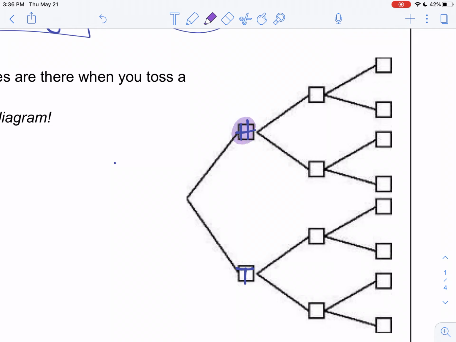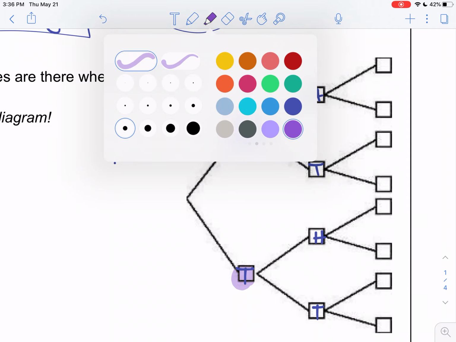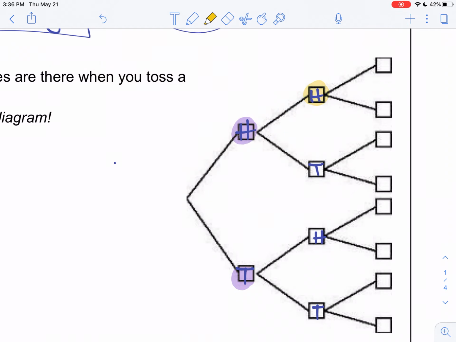Once we flip heads, the next time we flip the coin, we have the option of heads or tails. When we flip tails, for our second flip we could also get heads or tails. After our second flip, we can again flip heads or tails, and so on and so forth. Each item in this tree diagram represents an option.